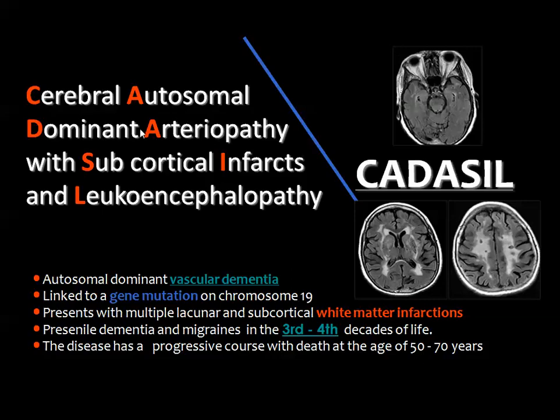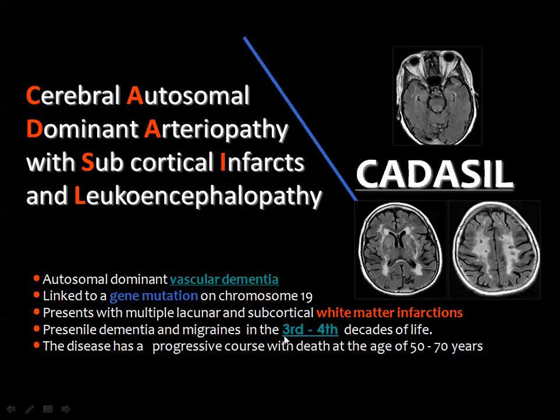autosomal dominant arteriopathy with subcortical infarcts and leukoencephalopathy. From its name, CADASIL is an autosomal dominant vascular dementia, which is related to a gene mutation, and it is exactly similar to the changes seen in the subcortical arteriosclerotic encephalopathy, but in these patients, the changes occur earlier in life.